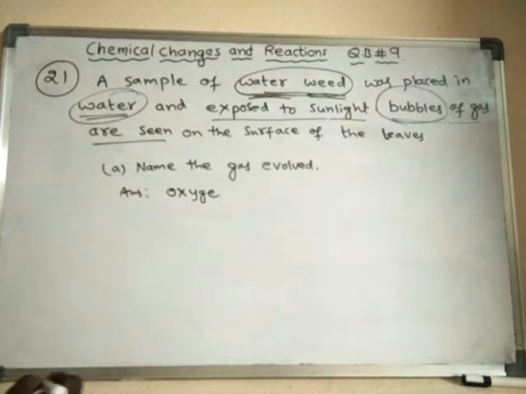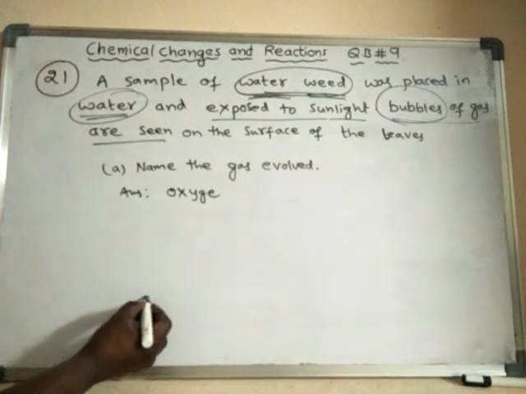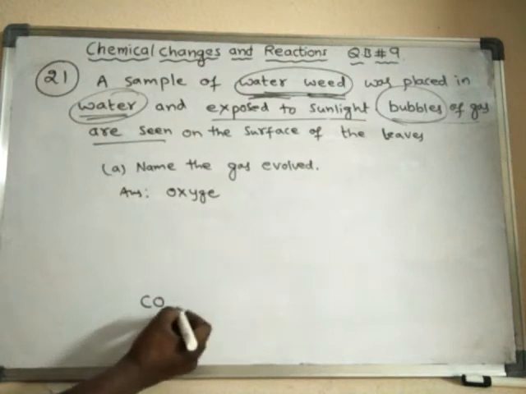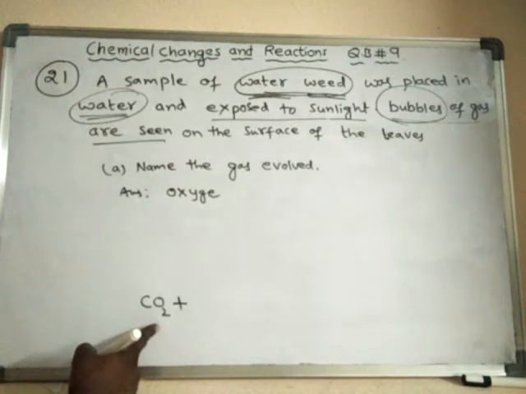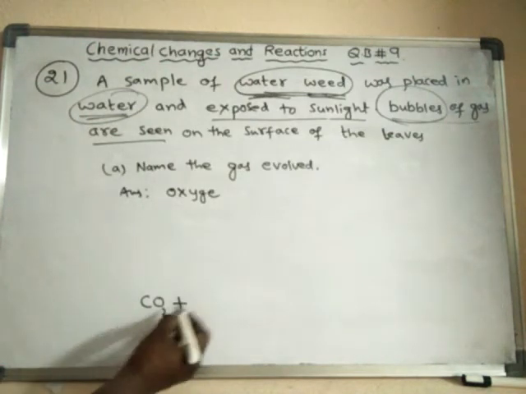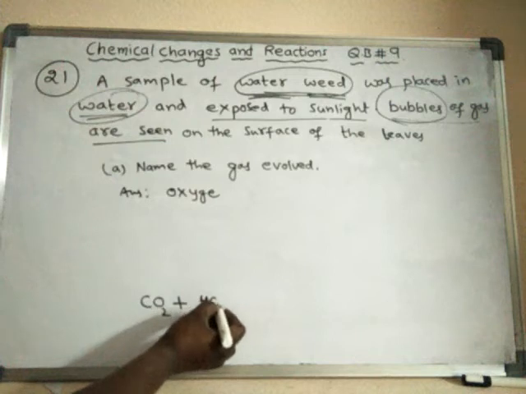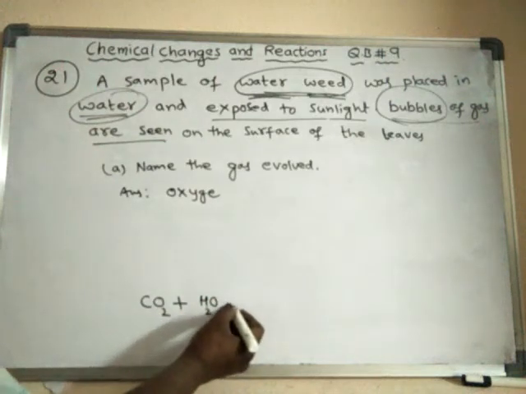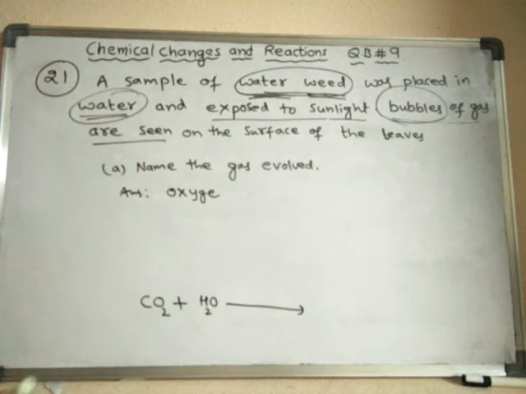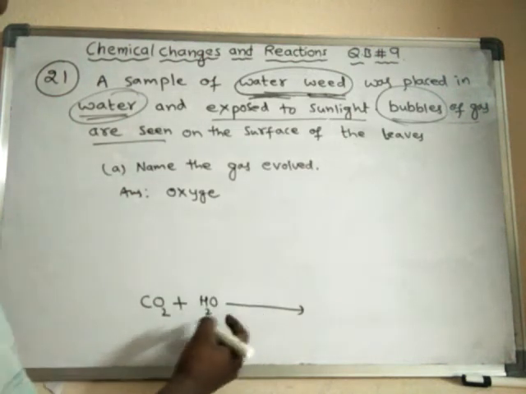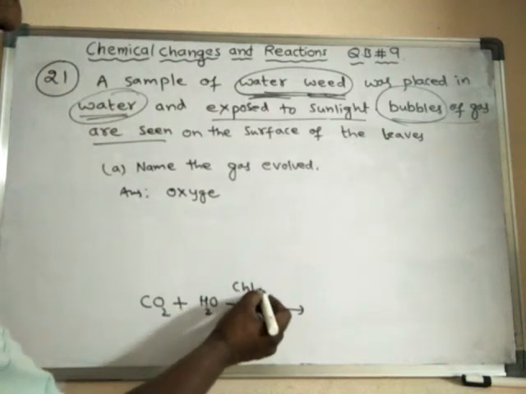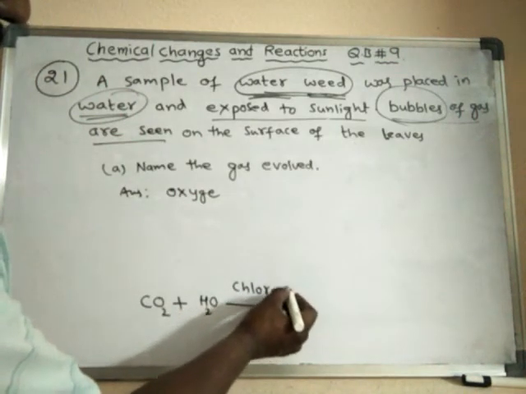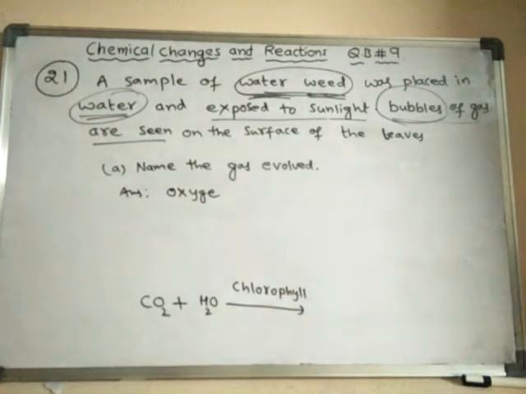What is photosynthesis? Generally, green plants absorb carbon dioxide from the atmosphere and water from the soil. Inside the leaves there is a green colored substance known as chlorophyll.